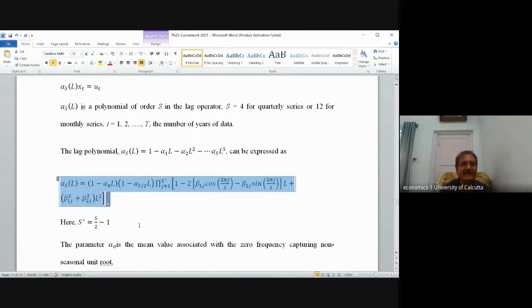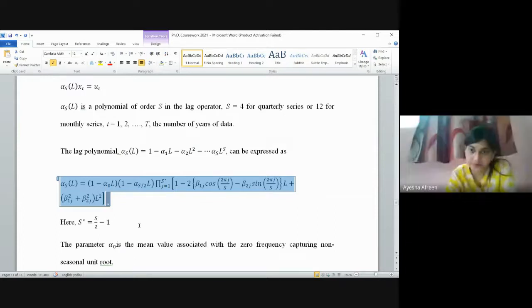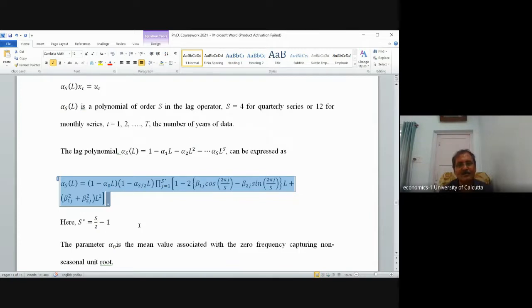So alpha 4 L is equal to 1 minus alpha naught L, which I have not written here, but you should write, into 1 minus alpha 2 L, into, what is the value of s star here for quarterly data? s star is equal to 1, so you do not need to take any multiplication.